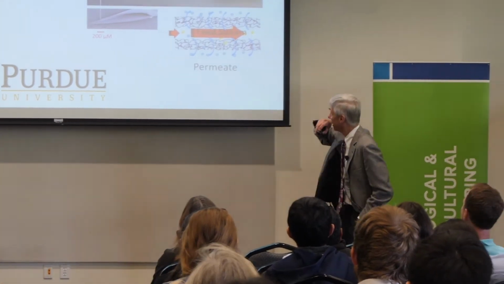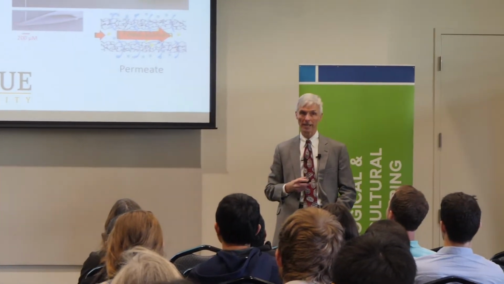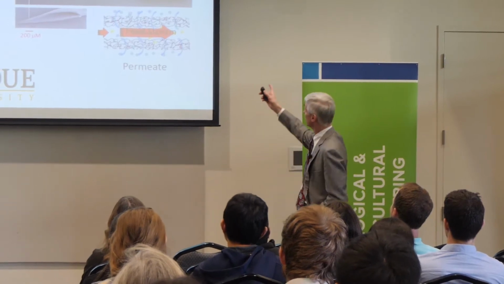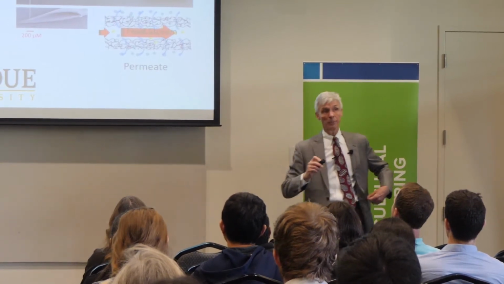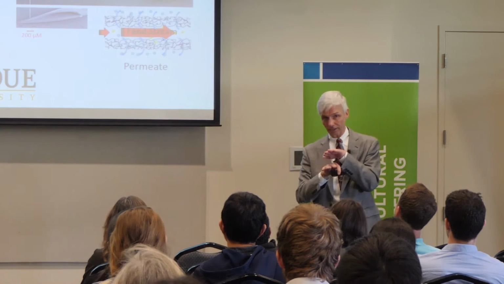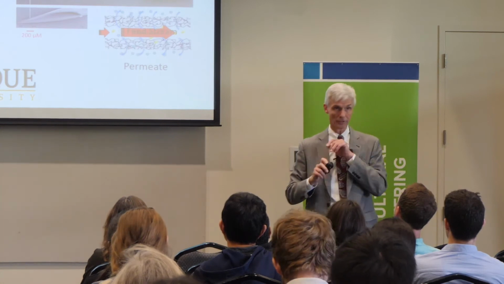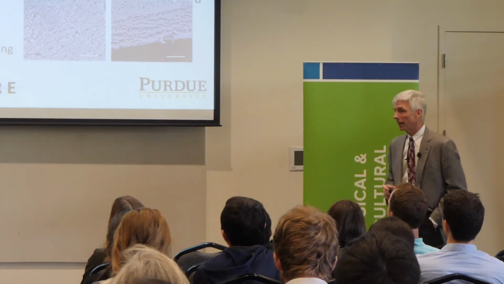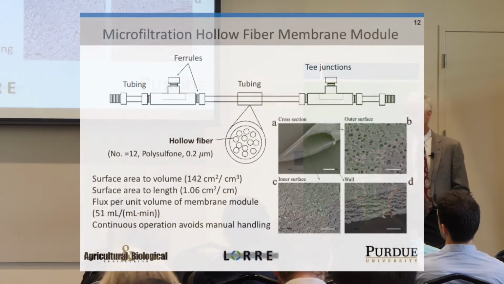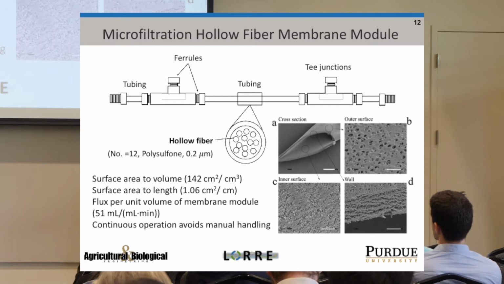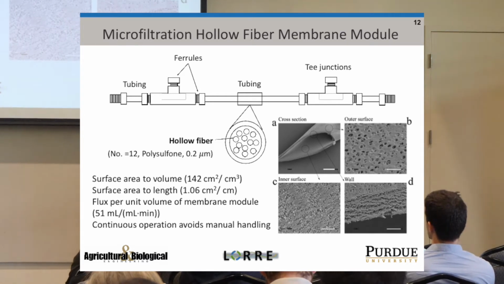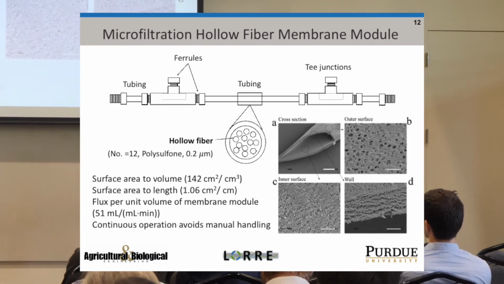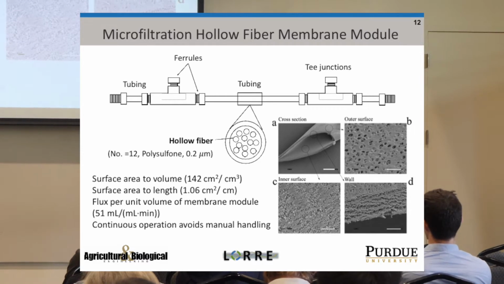So these hollow fibers are between 200 and 300 microns in diameter. You can see my finger. And the other thing we have to do is be able to pre-filter the big chunks out before we go to this step. So we started by purchasing the hollow fiber from a company in Michigan, and then making small tubes about the size of a pen, which had between 3 and 20 or so hollow fibers. And here you can see it.